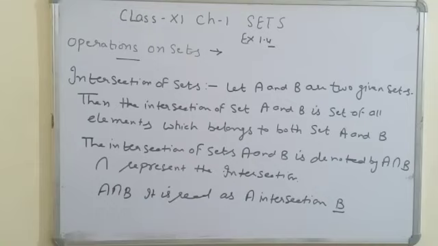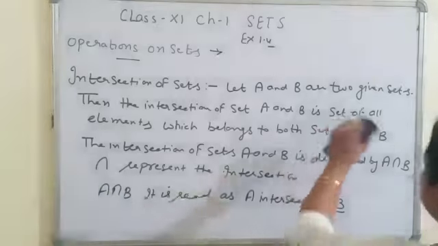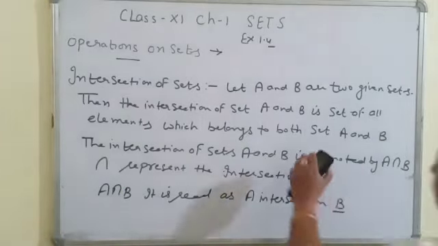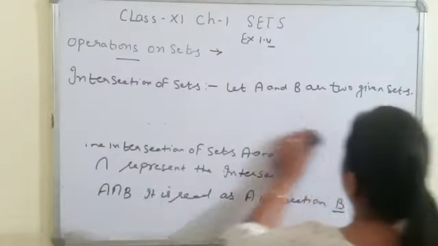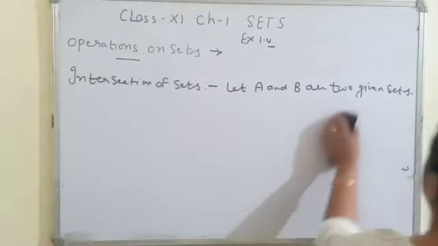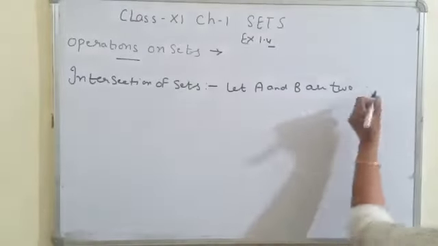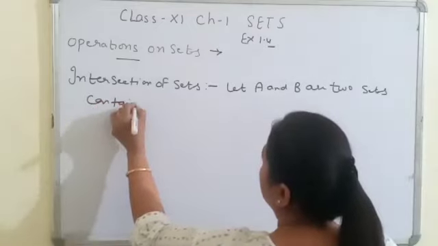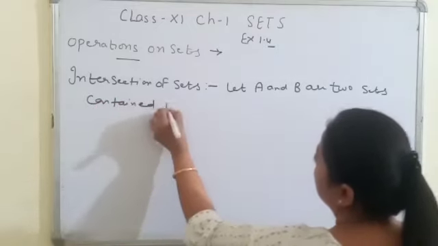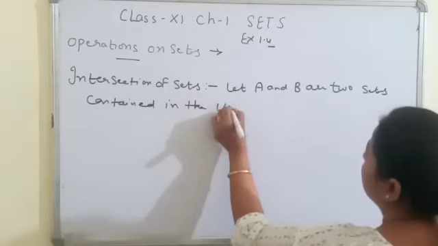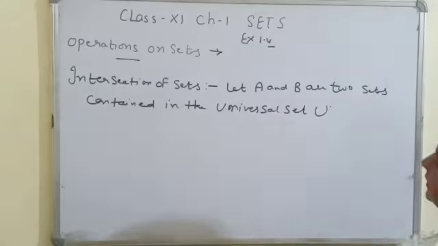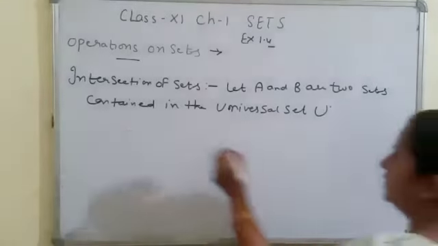Suppose A and B are two sets contained in the universal set U. This is the definition for the intersection. Let's see how by the Venn diagram we can represent them.